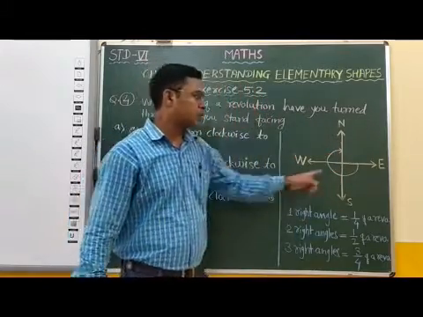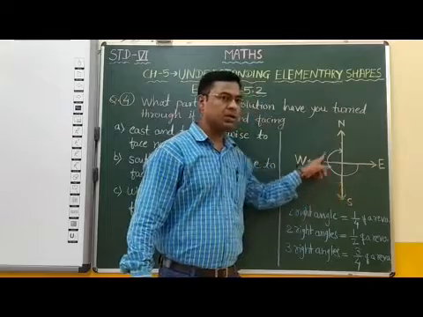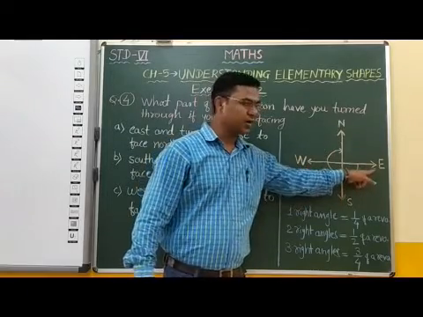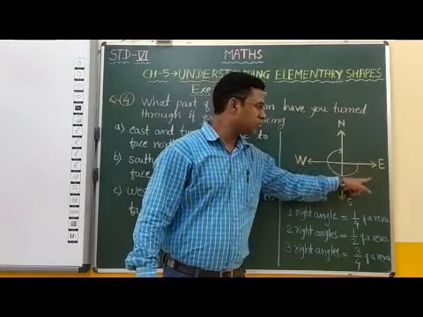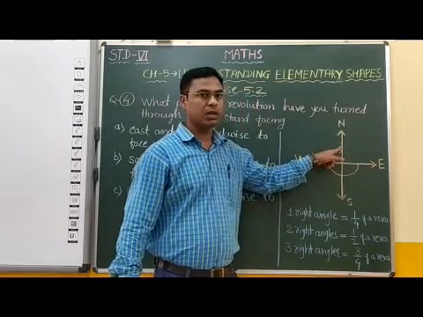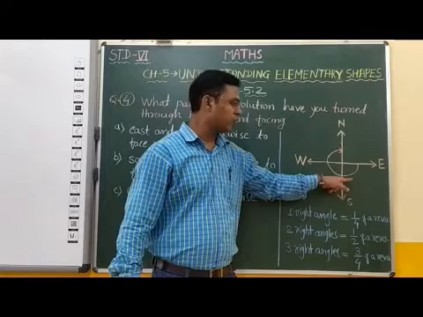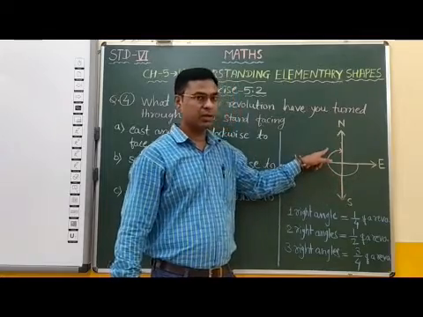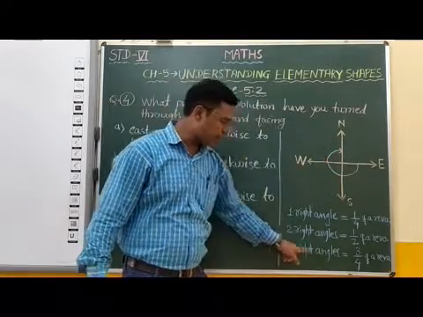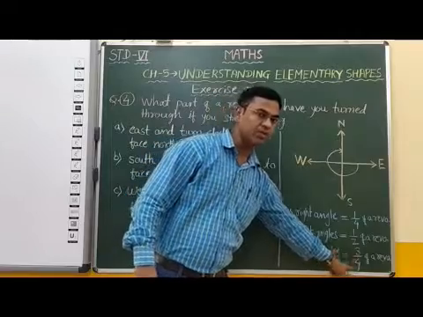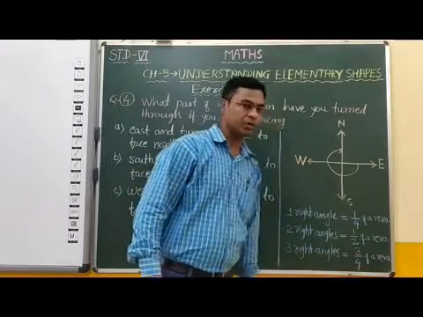Now, if you turn from east to north, then you turn through three right angles: 1, 2, 3, and we know that three right angles is equal to 3/4 of a revolution.